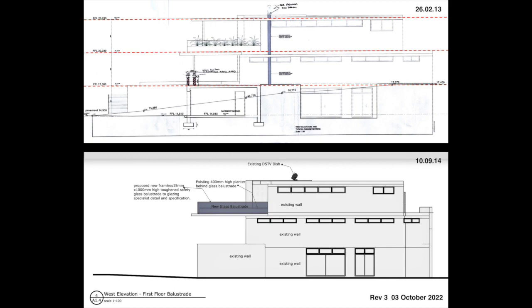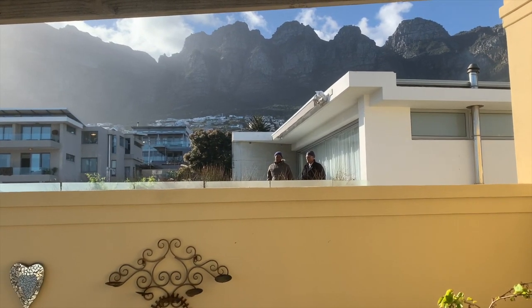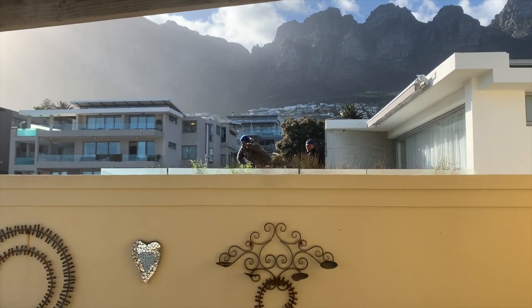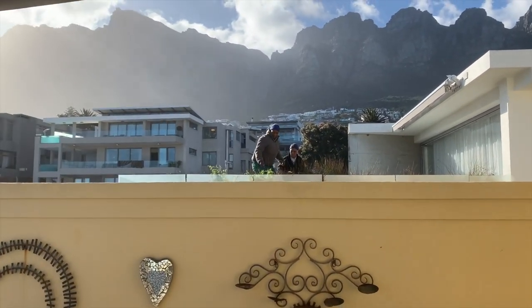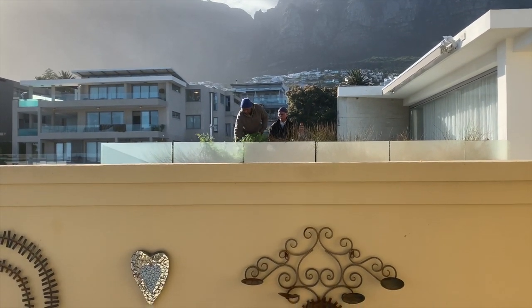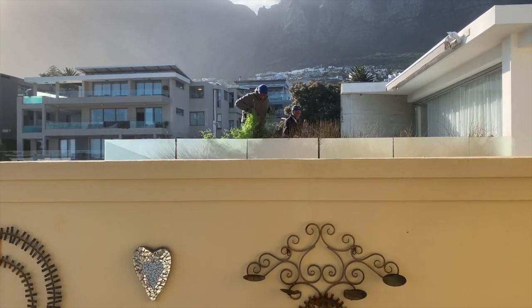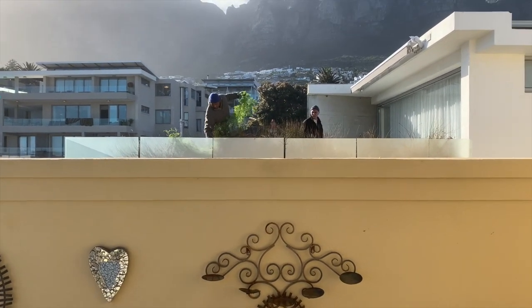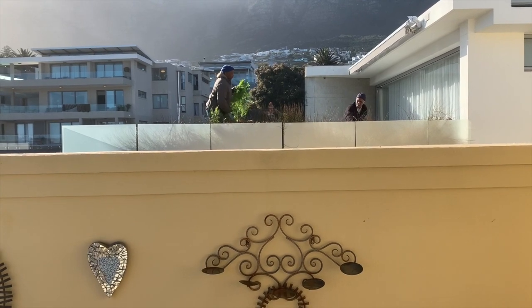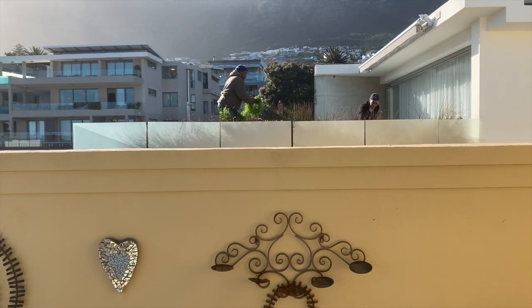Now, at the moment, the planter is this high, right? 400. And the contractors are walking. Number one, if the balustrade needs a departure from the zoning scheme, so does the planter. The planter never had a departure from the zoning scheme. Number two, BCO Marius Lawrence approved the planter, but it was in contravention of the D1 regulations.